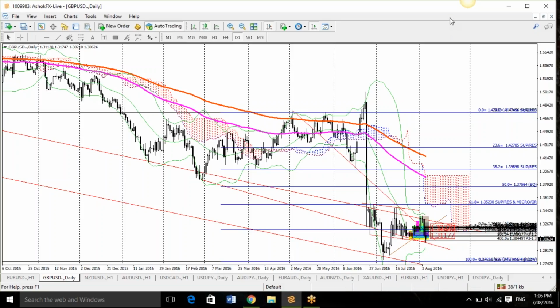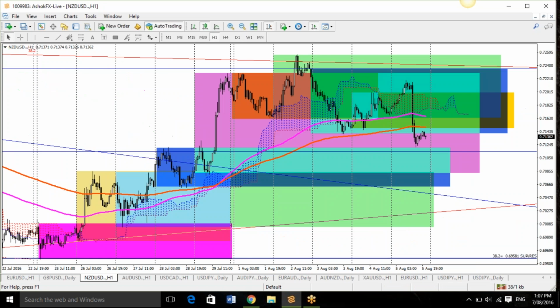So in the coming week, we might see this head and shoulder fail, and then the pound dollar would probably go below this resistance that we've drawn. It might be a good opportunity to keep selling pound dollar.